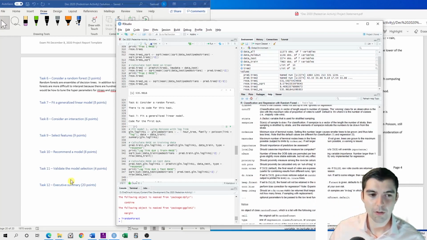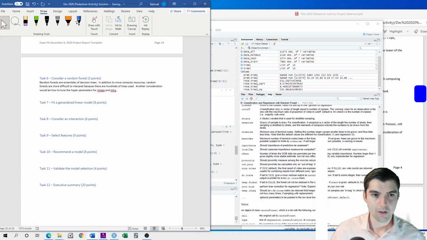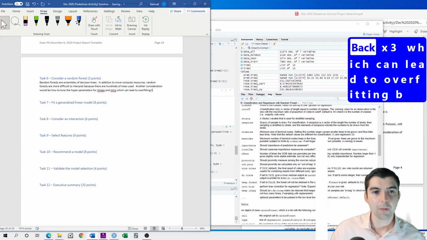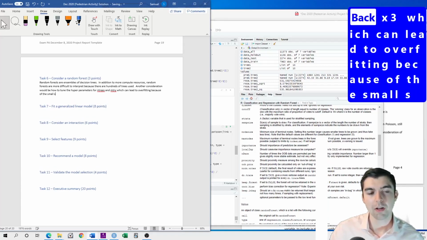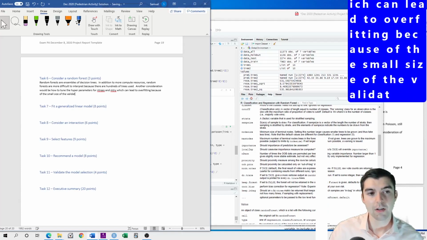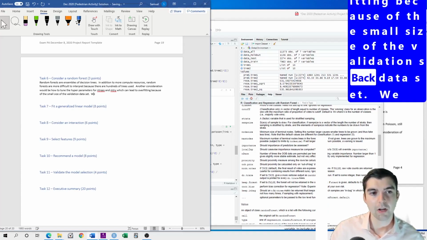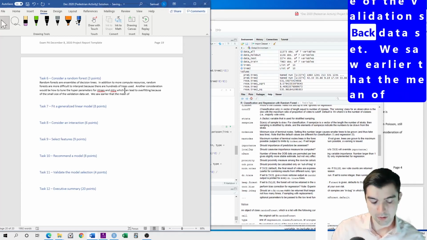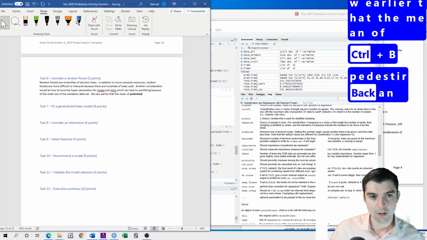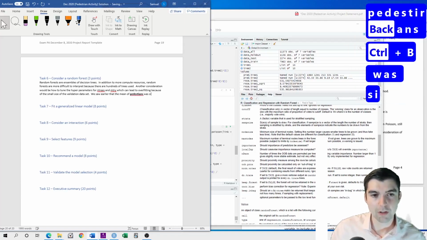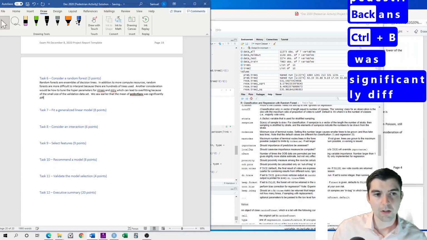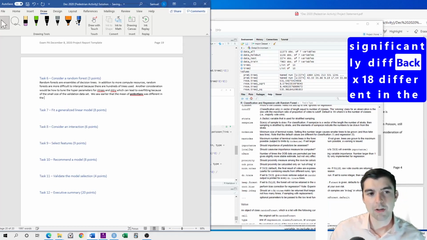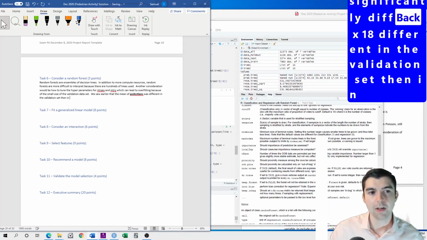Yeah, so another thing to consider is the way that you're training. You know, in this case, you're doing, which can lead to overfitting because of the small size of the validation data set. We saw earlier that the mean of pedestrians was significantly different. I'll just say it was different in the validation set than in the training set.